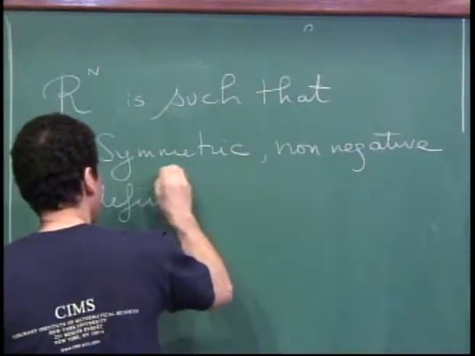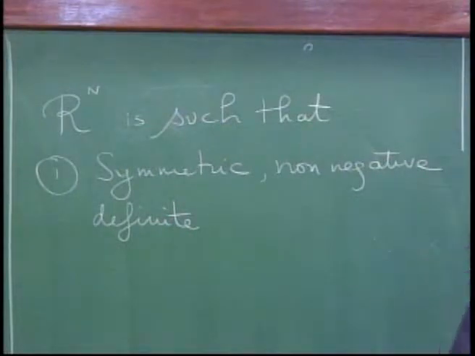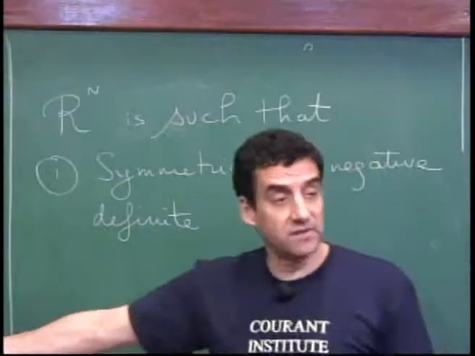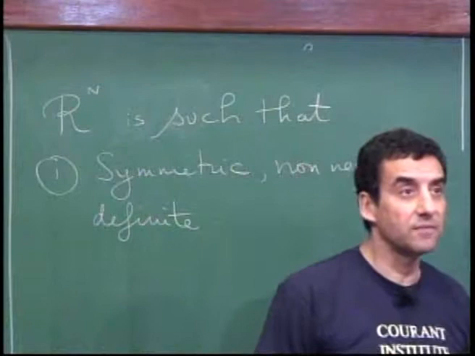By that I mean what? Let's say this is an infinite matrix, and you truncate it at size m, which means you take m replicas. Then you have an m by m matrix, which is obviously symmetric and non-negative definite because it's a gram matrix. Every time you take a gram matrix, it's non-negative definite.